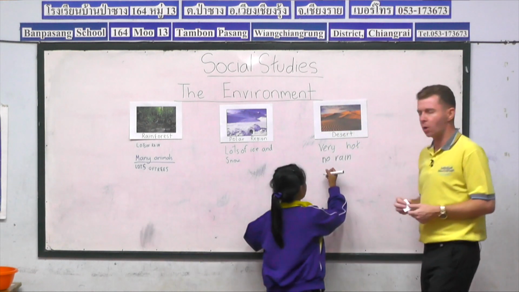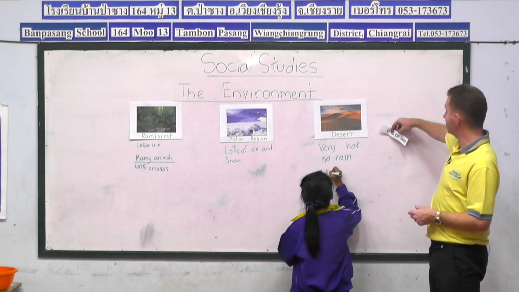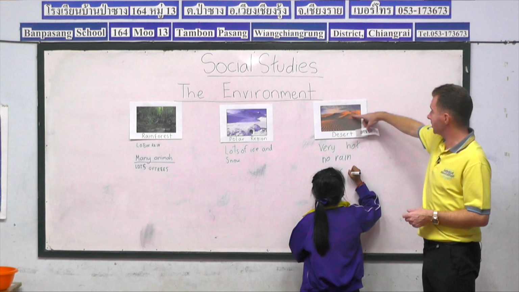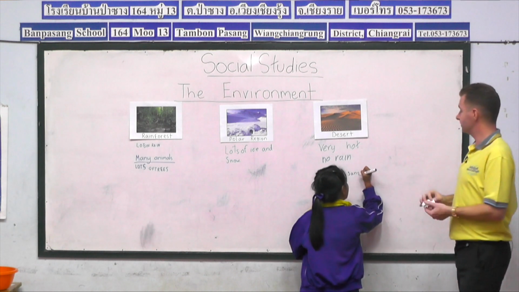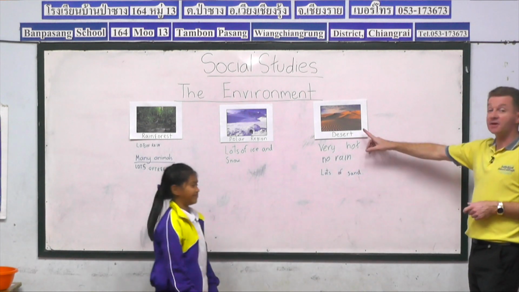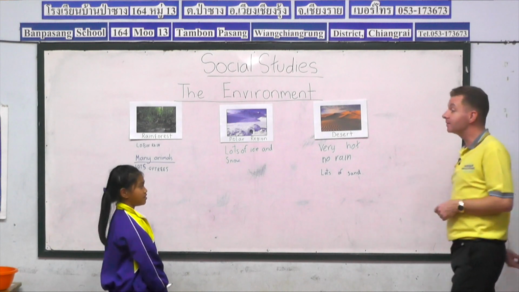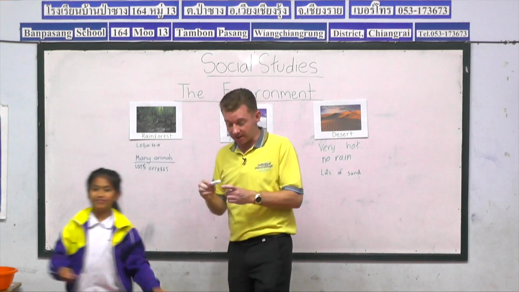You can see there's not lots of sand in the polar regions, but lots of sand in the desert. Everywhere. Sand, S-A-N-D. And we can say together, desert, lots of sand. Pak Bung, that was brilliant. High five and a big round of applause for Pak Bung, please, guys.